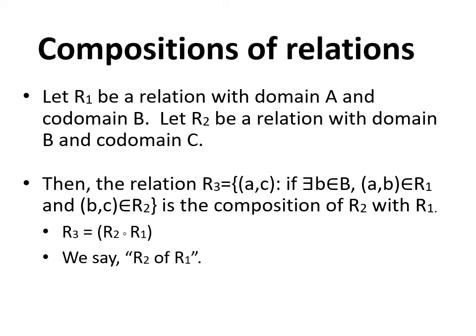Okay, so we saw how we can compose functions. In a similar way, we can compose relations as well. So let R1 be a relation with domain A and codomain B, and R2 be a relation with domain B and codomain C. Then the relation R3, which is defined as the set of pairs AC such that there exists B element of B, where pair AB is an element of R1 and BC is an element of R2, then this R3 is the composition of R2 with R1.